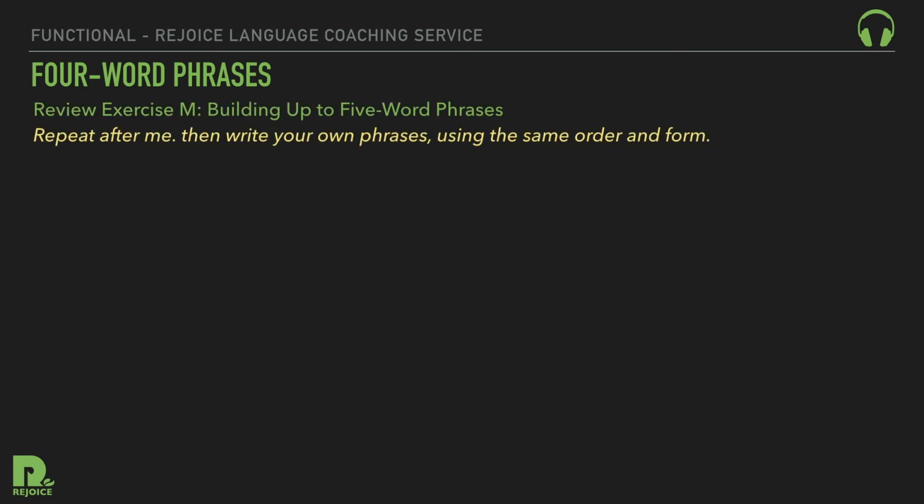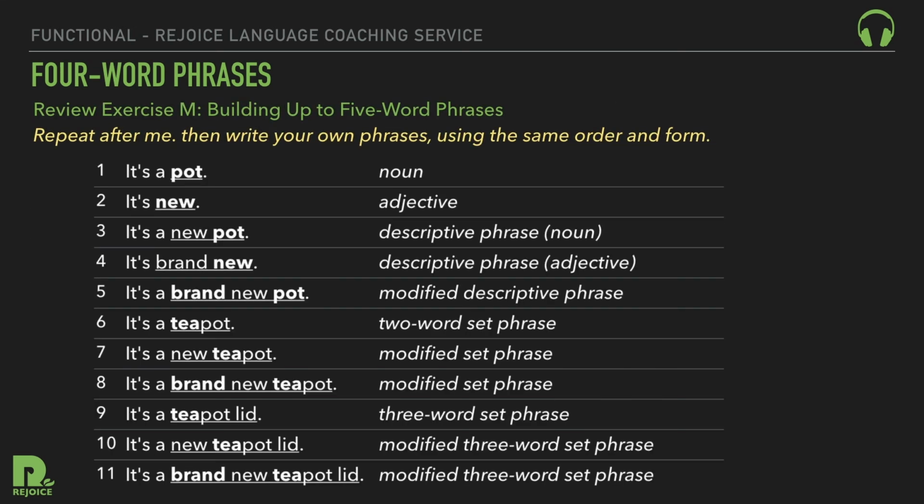Exercise M. Building up to 5-word phrases. Repeat after me, then pause the CD and write your own phrases using the same order and form. 1. It's a pot. 2. It's new. 3. It's a new pot. 4.